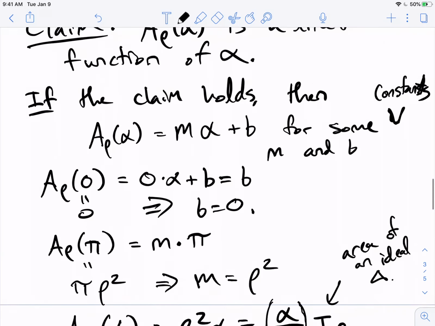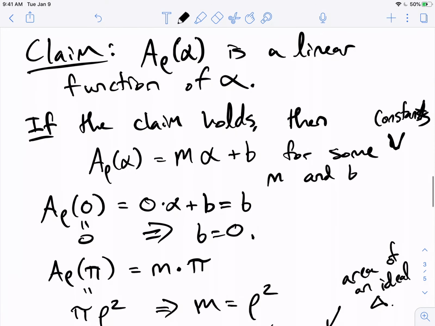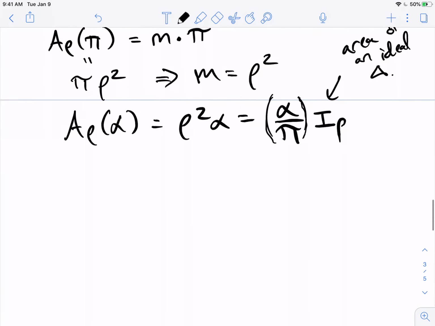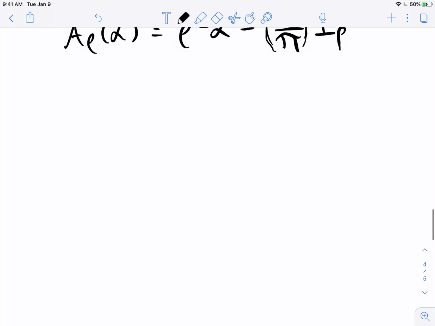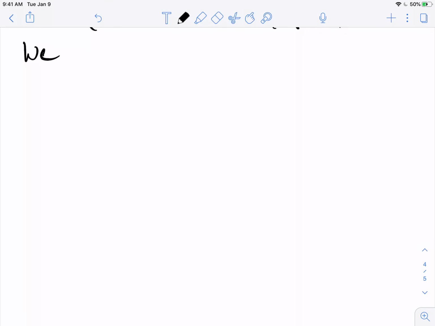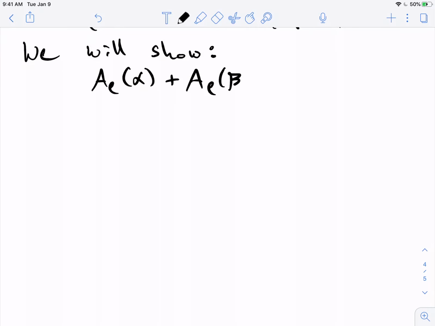Okay, so we need to prove the claim that this is a linear function. And the way we're going to do it is the following. We will show that it satisfies this property that linear functions have, that A rho of alpha plus A rho of beta is equal to A rho of alpha plus beta.